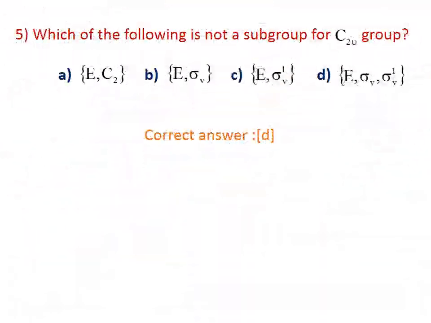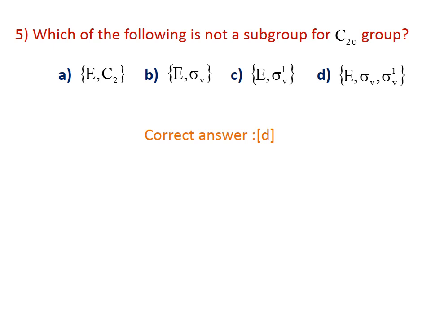Question number 5. Which of the following is not a subgroup for C2v point group? You know very well, a subgroup must obey the characteristics of a group. All groups must have an identity element E. And the important property is that the order of the higher group divided by the order of the subgroup should be a whole number.